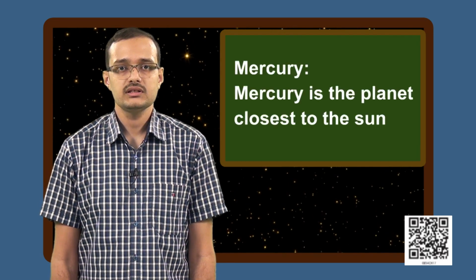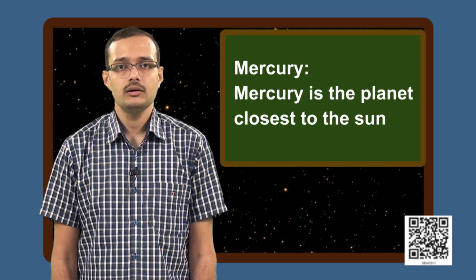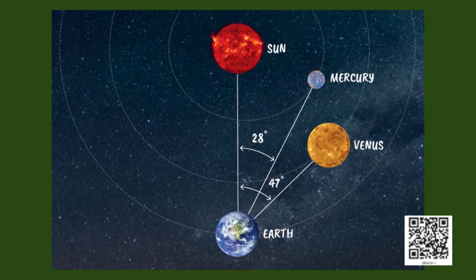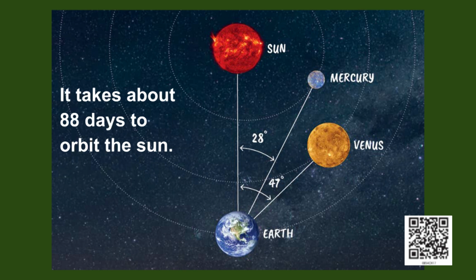We will begin with the planet Mercury, which is the closest to the Sun. Mercury is in fact the smallest planet in the solar system. Since Mercury is very close to the Sun, it is not very easily visible in the night sky. In fact, Mercury is about 2.6 times closer to the Sun than the Earth is, and it takes about 88 days to orbit the Sun.